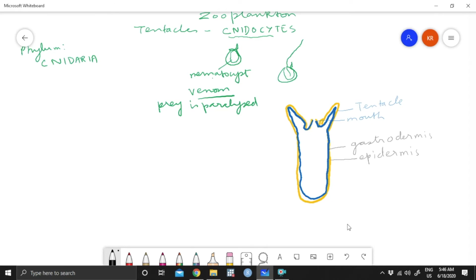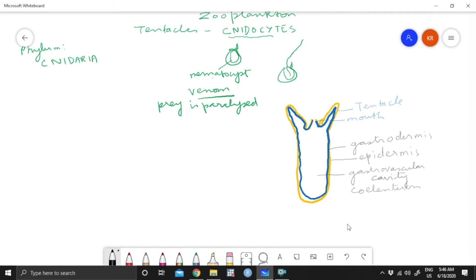Why? Because this entire cavity here is called the gastrovascular cavity. It is also called coelenteron.